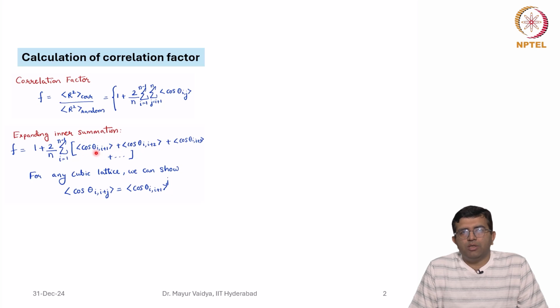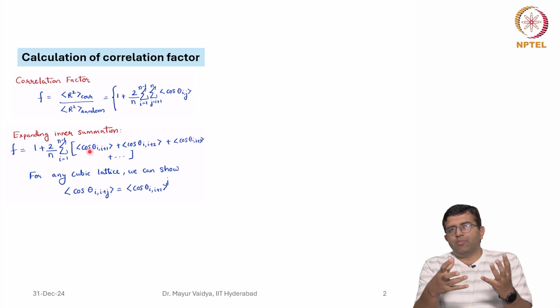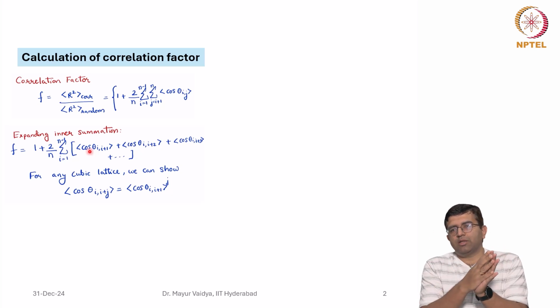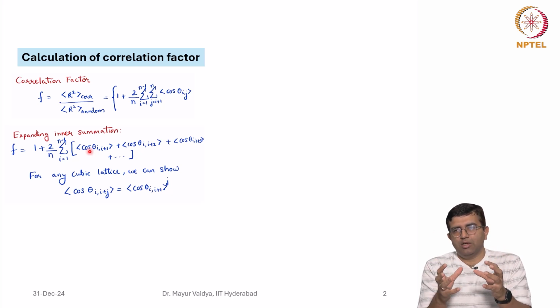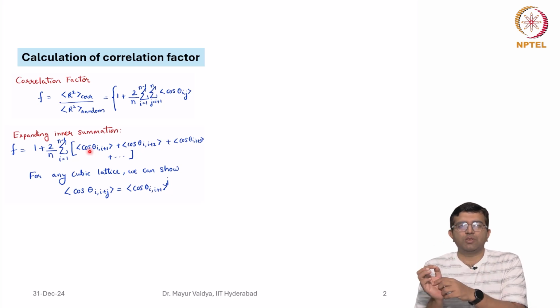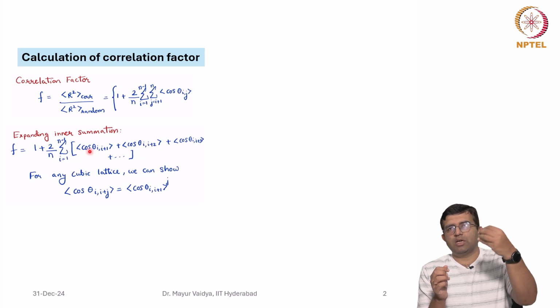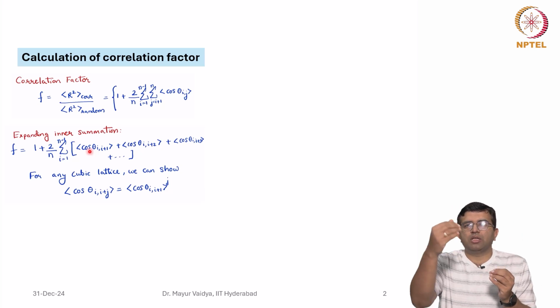For example, cos theta i plus 1 average means that if there are n number of atoms which are making a jump, what is the average of cos theta of all these atoms between the ith and the i plus 1 jump? Suppose for one atom, if the cos theta i plus 1 is plus half. For second atom, it is minus half.